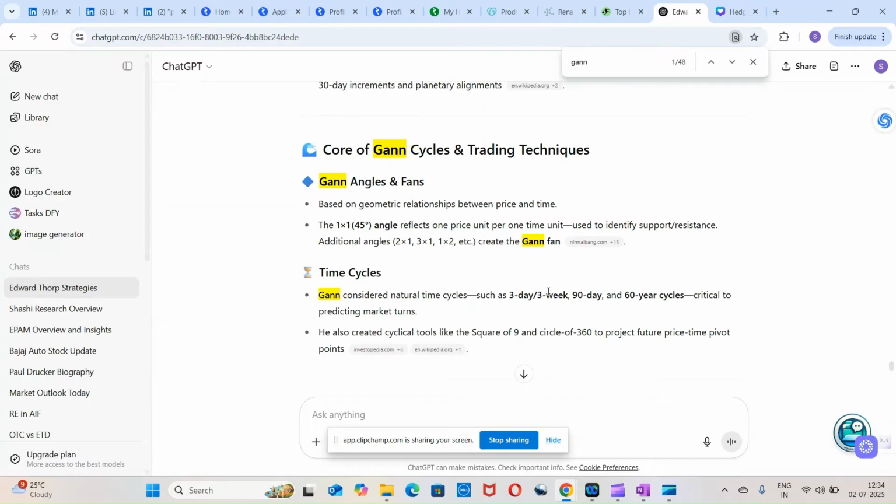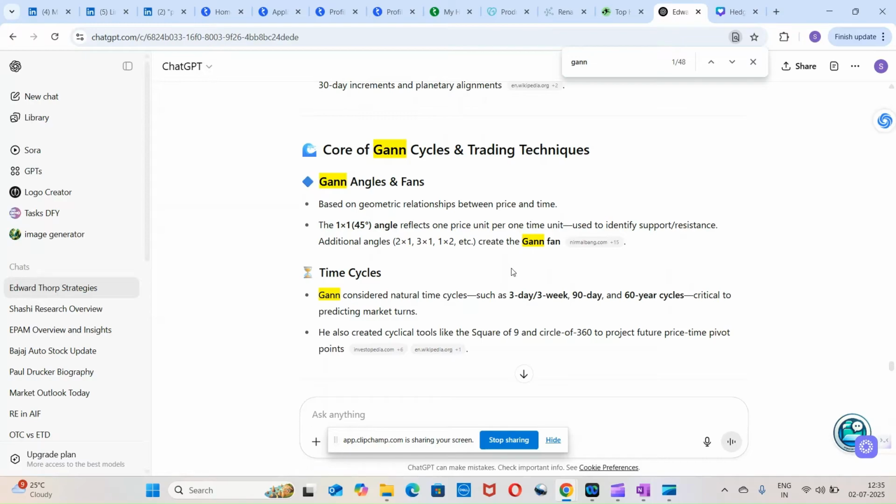The 1 into 1, 45-degree angle reflects one price unit per one time unit, and it is used to identify support and resistance. Additional angles like 2 into 1, 3 into 1, and 1 into 2 create a Gann fan.